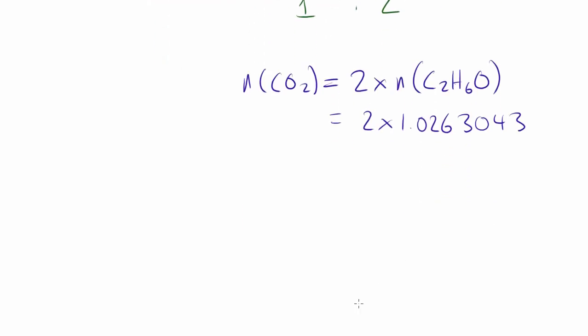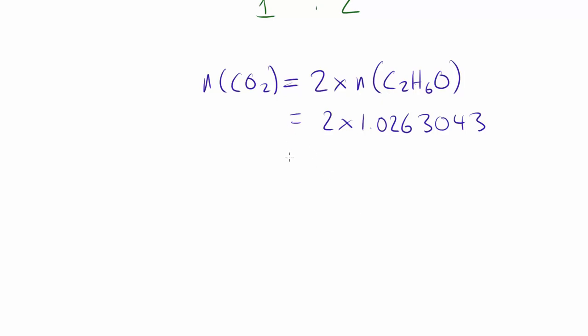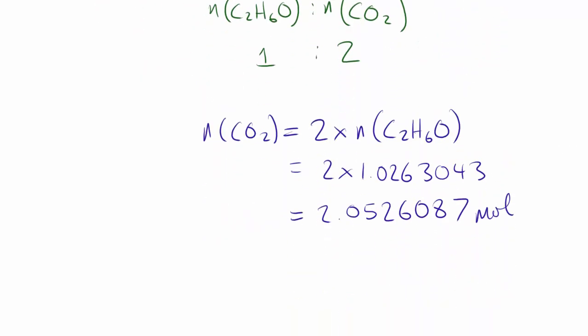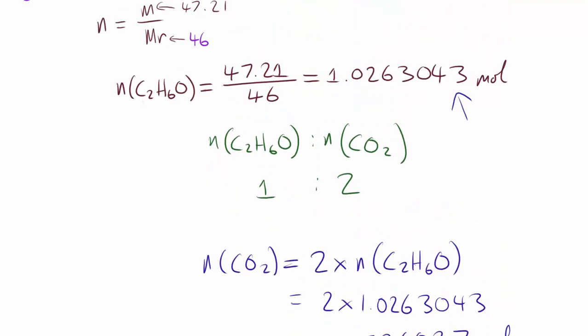This is going to give us the number of moles of CO2. If you have a go at working that out, you should find that you get 2.0526087, and that's in moles. So at this stage, we have the number of moles of CO2.